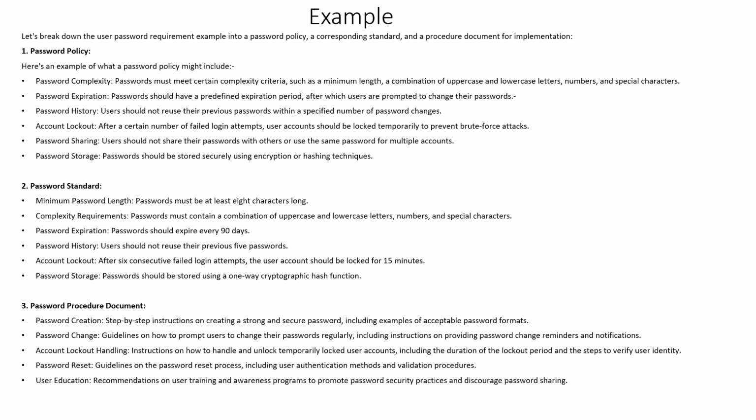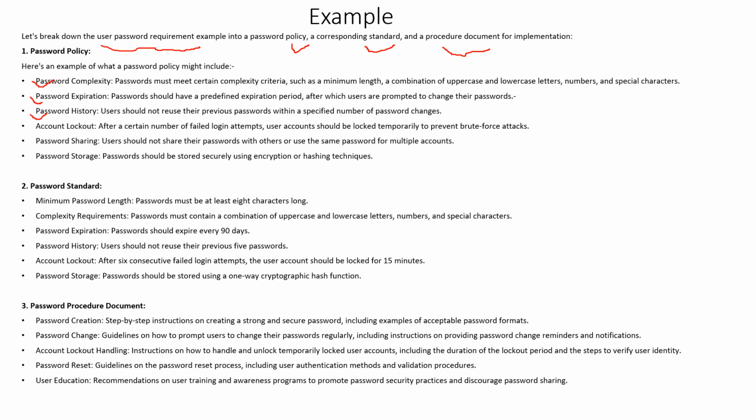Let's take an example here of user password requirements. This will help us understand what statements will go into the policy, what the corresponding standard based on that policy will be, and what the procedure document will be for implementation. The policy document for password requirements will give general statements about the security of the user password.